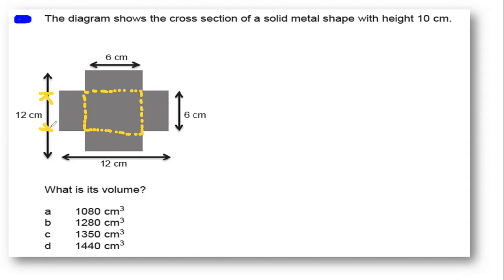If I take away that 6, then this piece here and this piece here would sum up to 6. Would you agree? Because 6 plus 6 would give you back the 12.